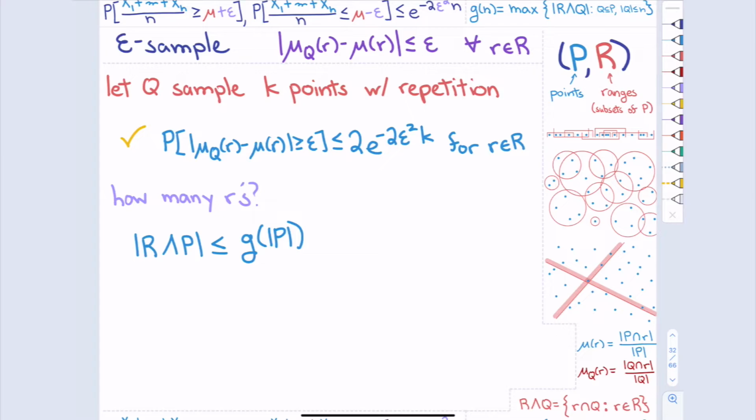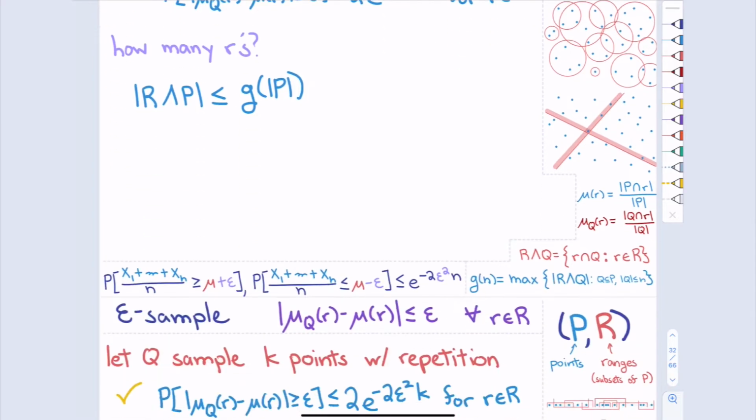Yeah, log of this times, or divided by. If I just plug log of this into that, I still have some annoying terms. Now you're choosing k, epsilon squared.